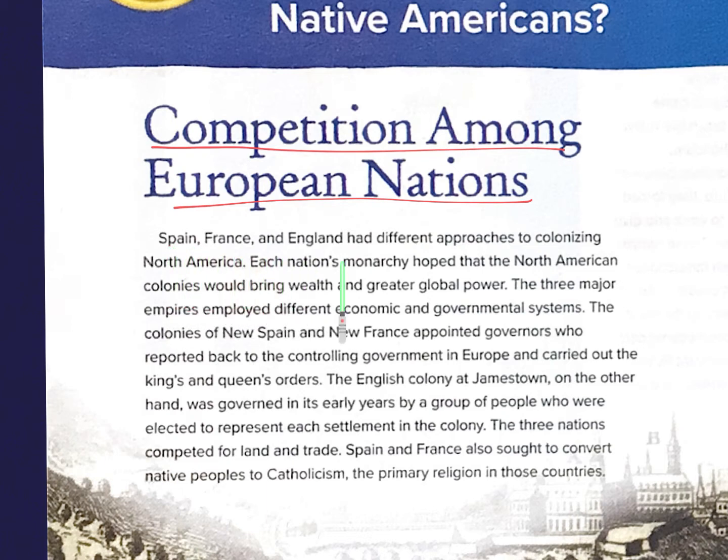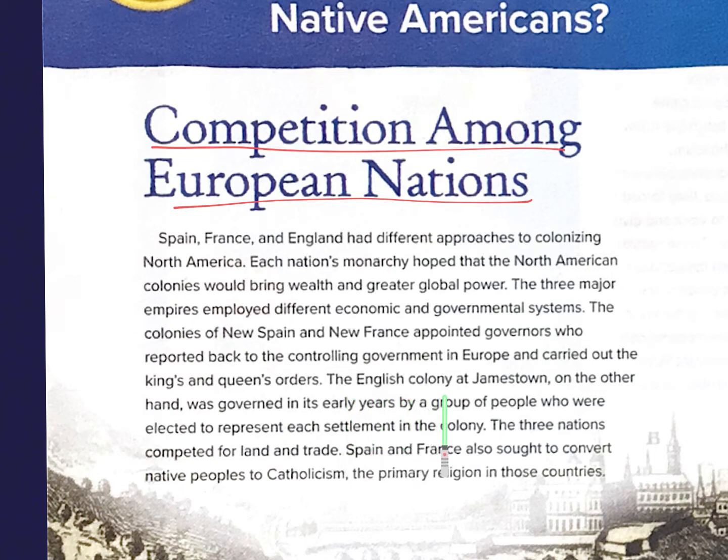Spain, France, and England had different approaches to colonizing North America. Each nation's monarchy hoped that the North American colonies would bring wealth and greater global power. The three major empires employed different economic and governmental systems. The colonies of New Spain and New France appointed governors who reported back to the controlling government in Europe and carried out the king's and queen's orders.